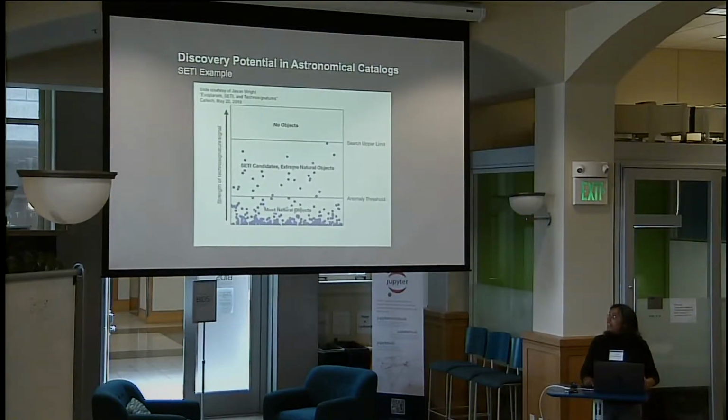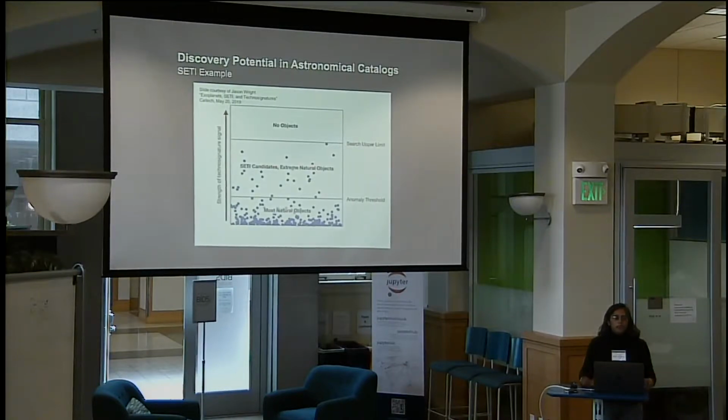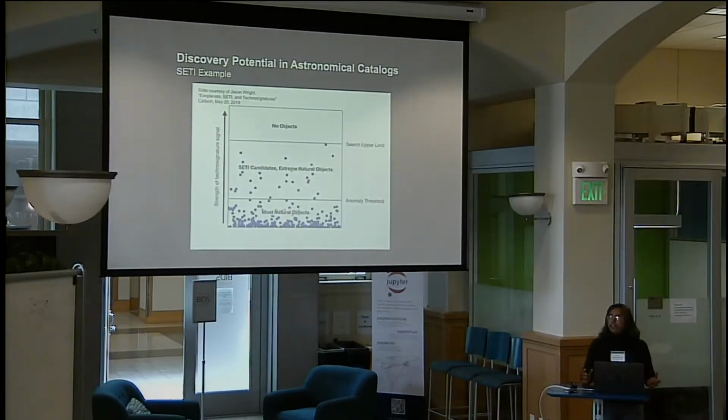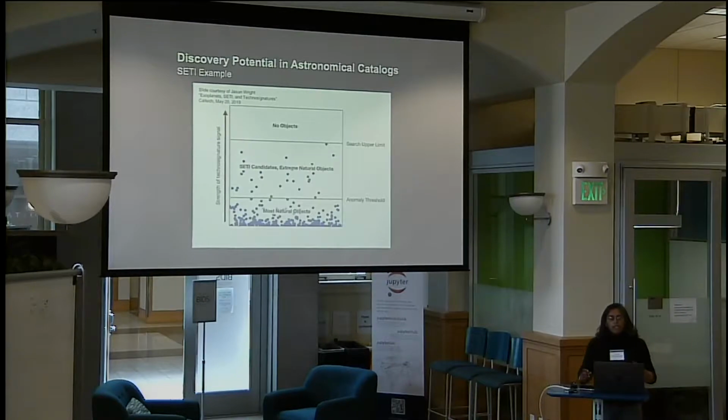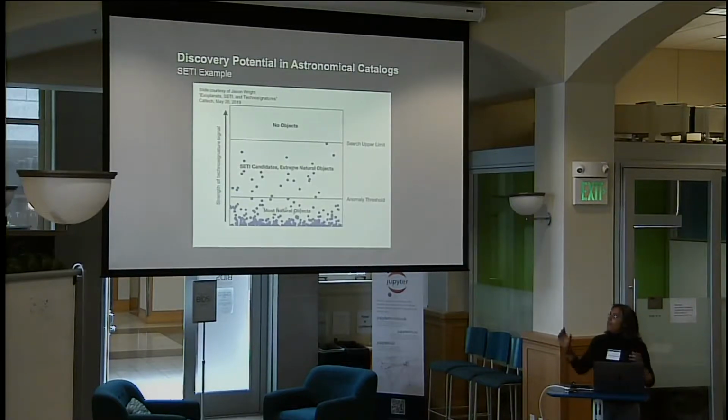I like this slide because it still essentially is what anomaly detection is supposed to be doing, a blind search through a catalog. We have many, many examples of normal or natural objects, and we want to examine that middle layer between the upper limit where there are no observable objects.